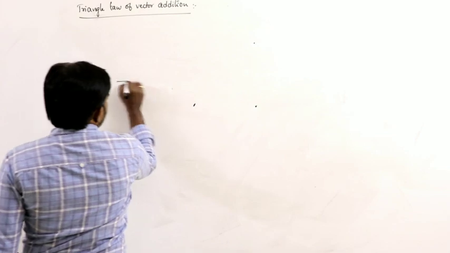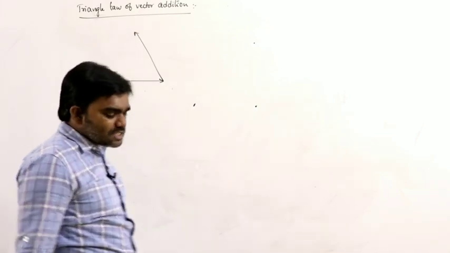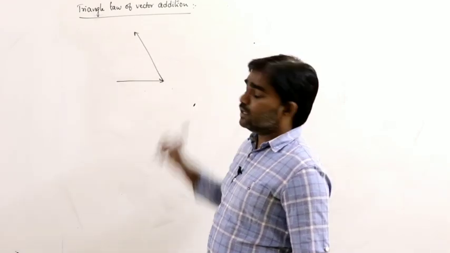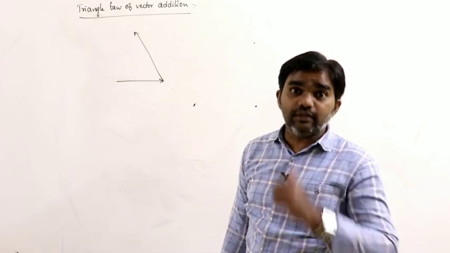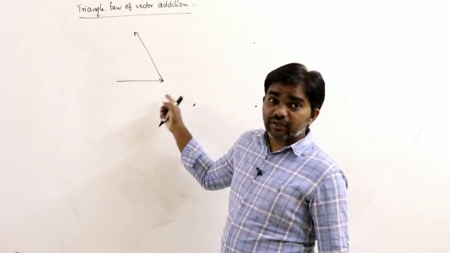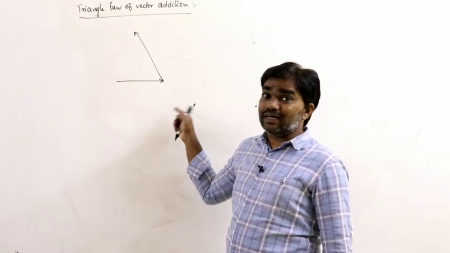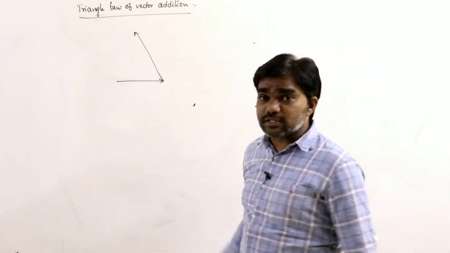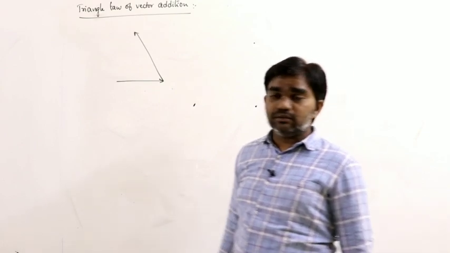Let us say two vectors are acting as the adjacent sides of a triangle taken in order. Taken in order means the second vector must start from the final point of the first vector; that is considered as the order. So two vectors are represented as the adjacent sides of a triangle taken in order.